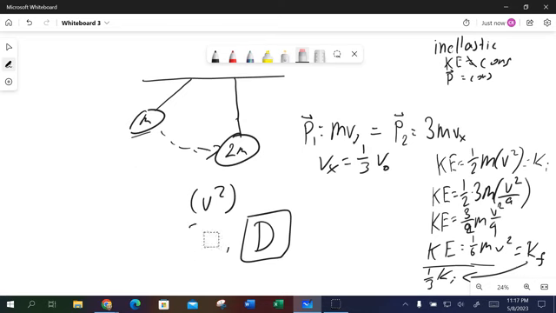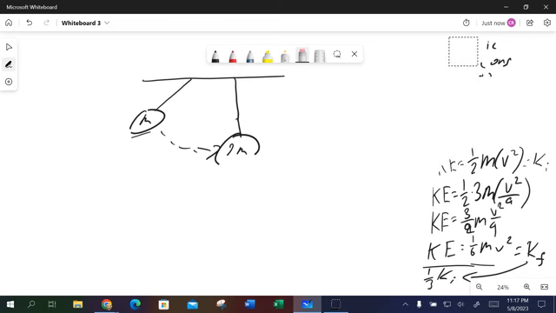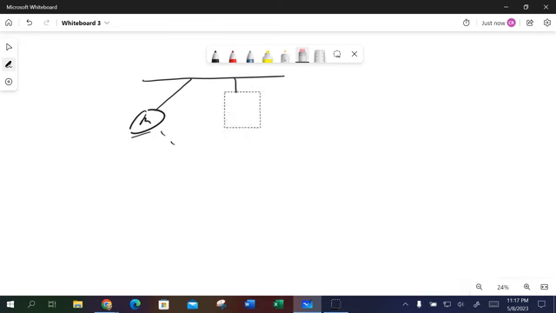Moving on to question 35. Question 35 is going to ask us about the average torque to slow down a wheel. So I'll write that once I get everything erased here.